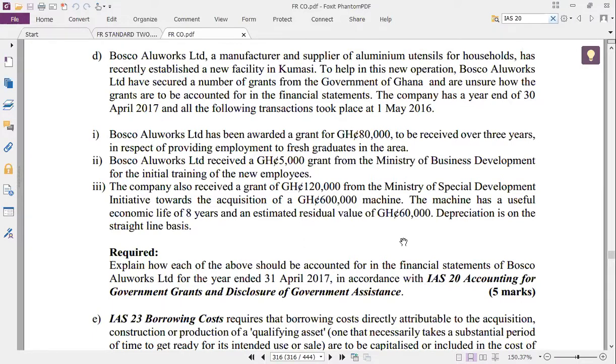Okay, 30th April 2017, and all the following transactions took place on 1st May 2016. Let's take note that April has 30 days, not 31.